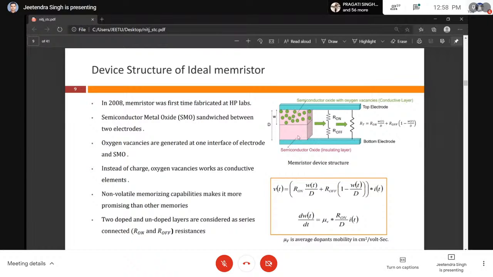So this is basically an insulating layer, this is a conducting layer, but when we apply a positive voltage here, the oxygen vacancy extends and the whole layer becomes the conducting layer.